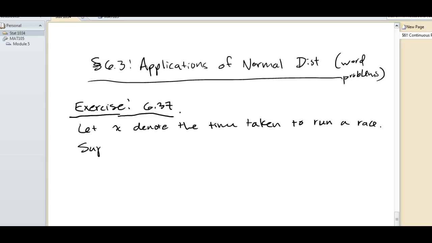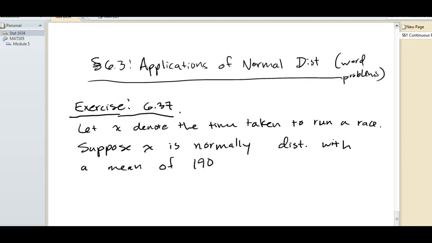Suppose x is normally distributed with a mean of 190 minutes and standard deviation of 21 minutes.